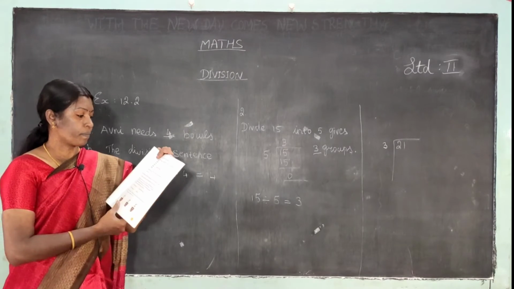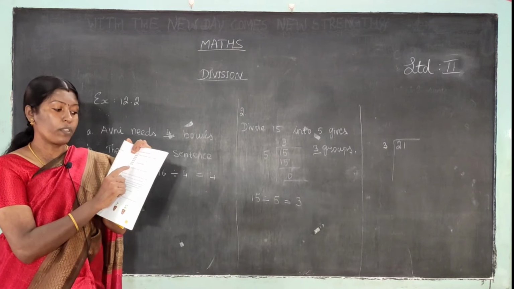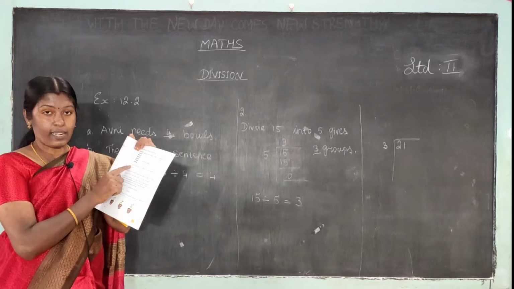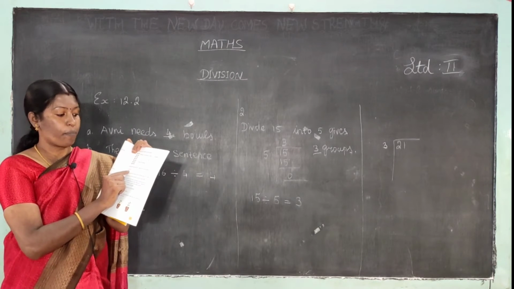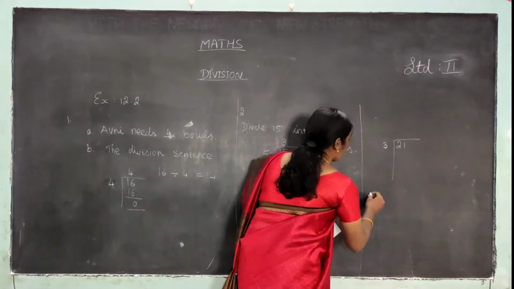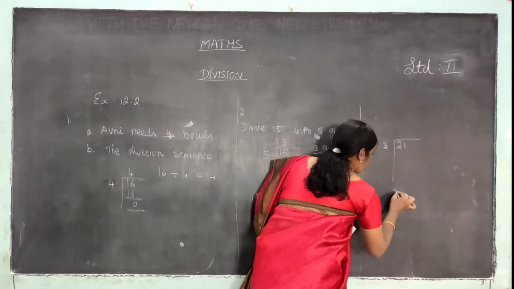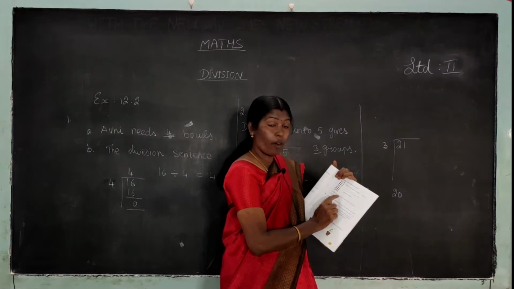Next one, third question. 20 children form groups of 4 for a game. How many children? 20 children. How many groups do they form? For a game, just you divide what? Third sum. 20 children form groups.